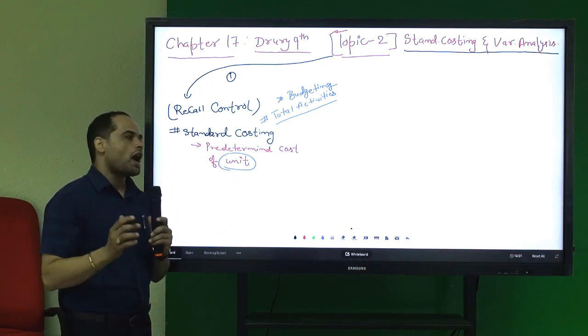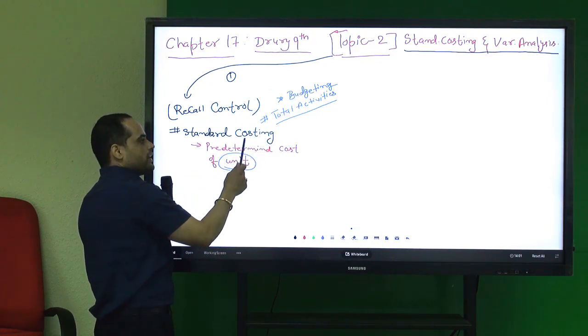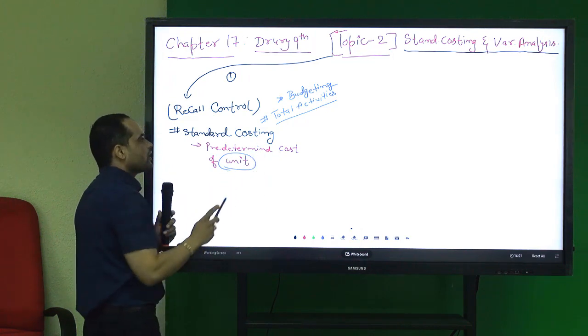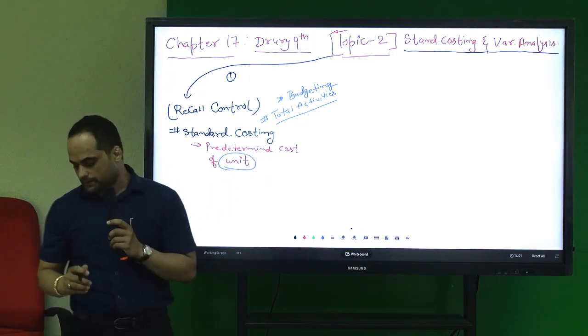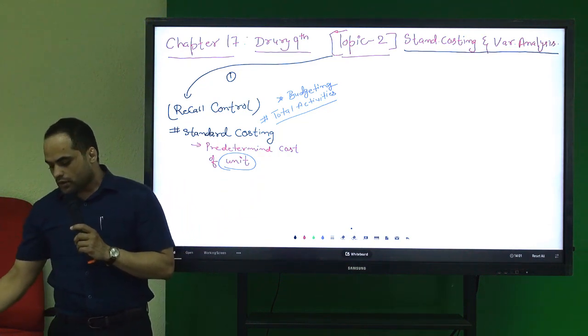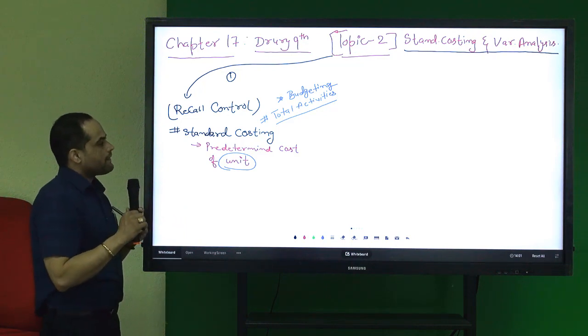That's mainly the difference. However, both have the same idea: planning, predetermination of totals and predetermination of single units. So that's the basic idea behind standard costing.